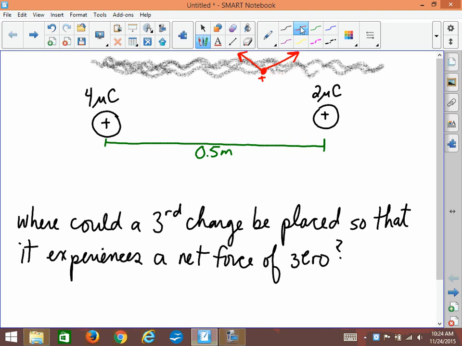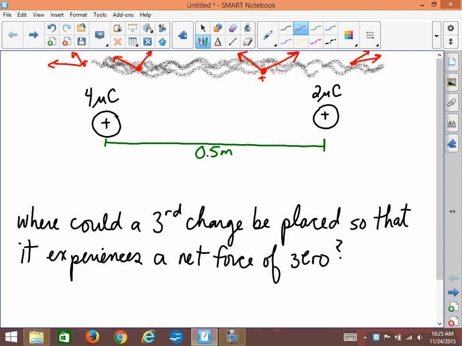And if you think about that same logic, even if you put it over here or anywhere up here, you're going to have forces that are pushing. Here's the 2 forces pushing that way. Over here, you got this one pushing that way and one pushing this way. Over here, this one pushing this way. And so you'll never get a 0 force up there, will you?